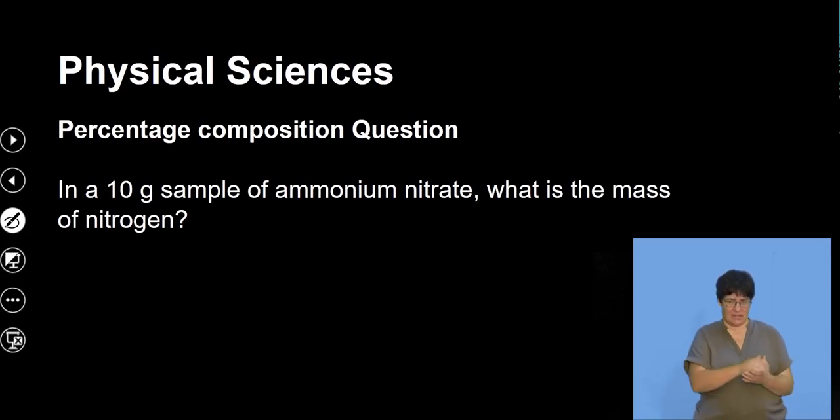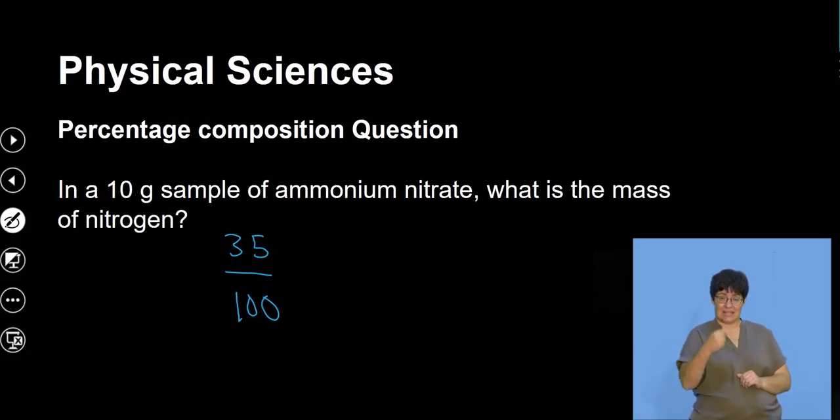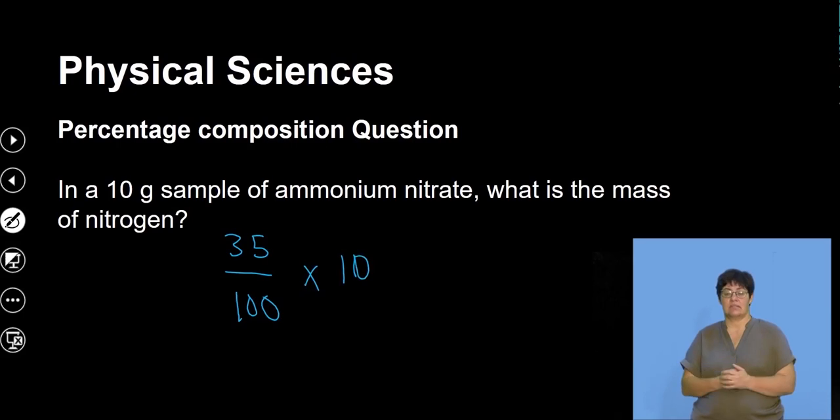And now in a 10 gram sample, we know that 35% is nitrogen. To find the mass of nitrogen in a 10 gram sample, we say 35 over 100, because for every 100 grams, 35 grams is nitrogen, multiplied by 10, the actual mass.